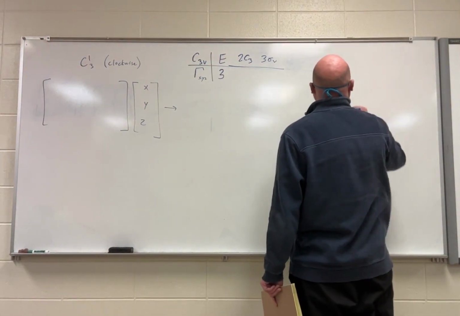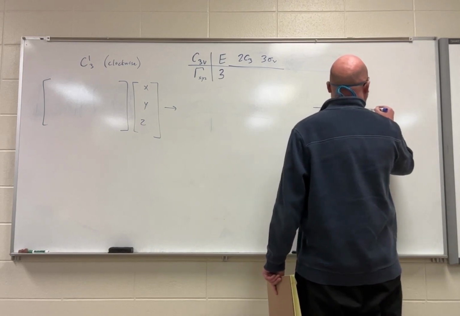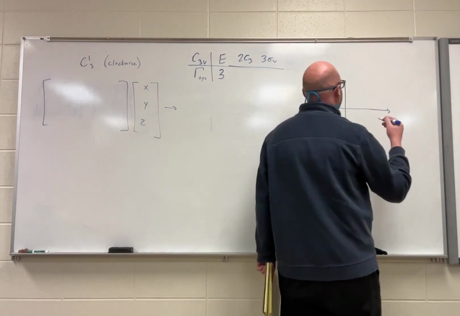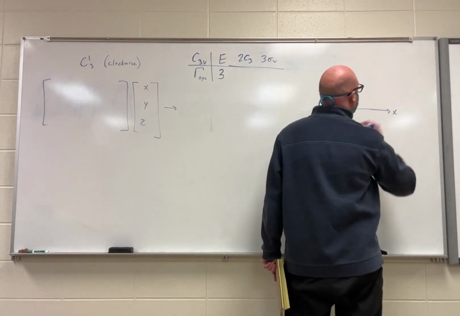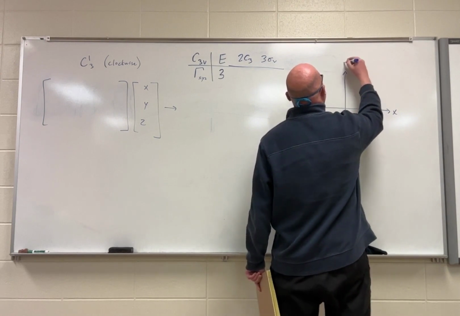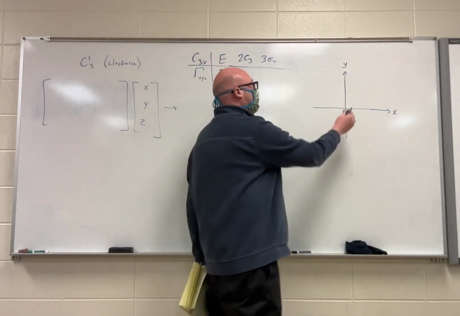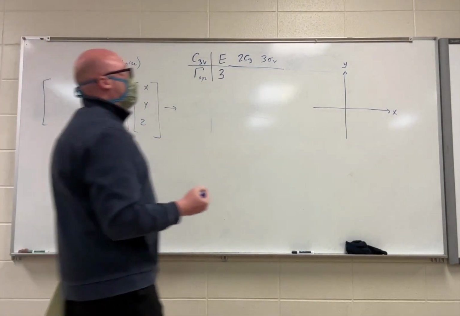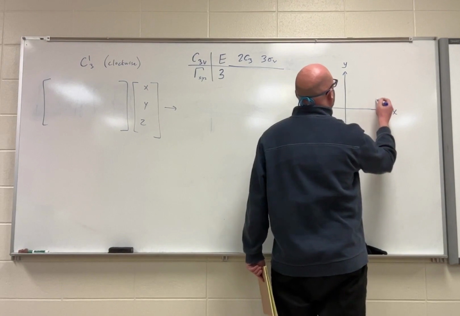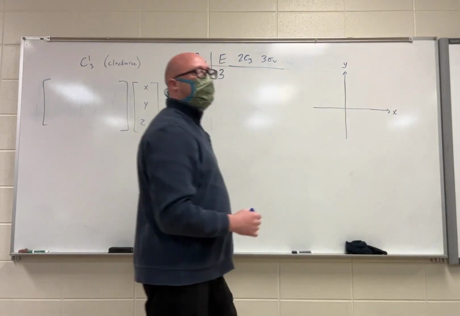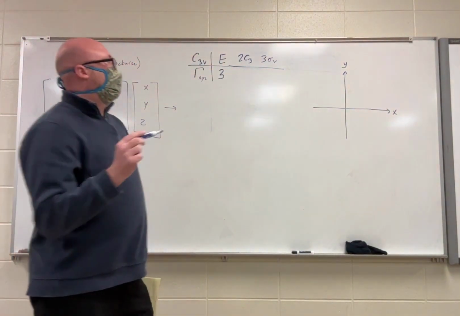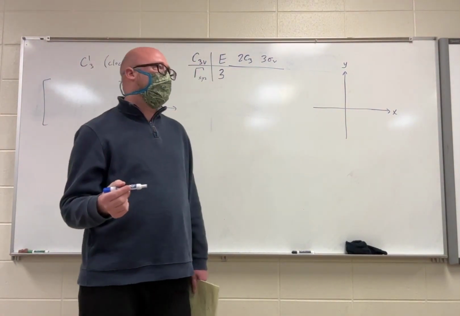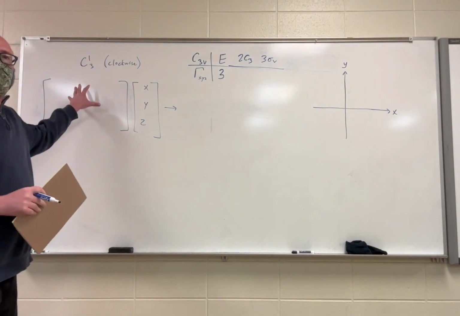So if I draw a coordinate system so that I'm looking through the C3 axis, I have an x-axis, say, this way, and a y-axis this way. I'm looking through z, the C3. Okay? So if I have some point on x, it will move 120 degrees, and it will have projections on the x-axis and the y-axis. And I need to account for both of those when I write the transformation matrix.